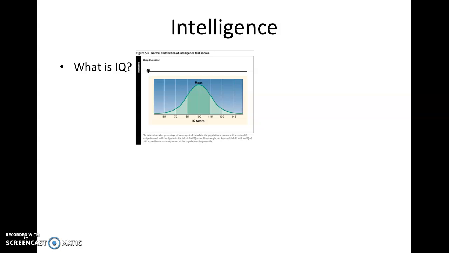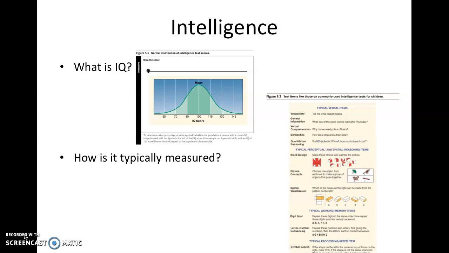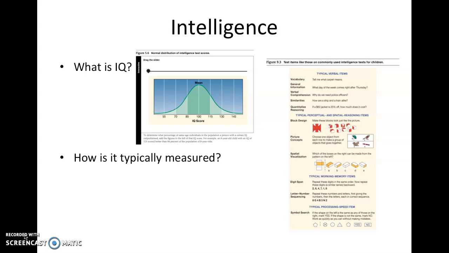As well as understanding the underlying idea of what IQ is, how do we measure it? Our book addresses this, talks about different ways that IQ has been looked at, including more of a classical approach. Things like the WISC or the Stanford-Binet are examples of very common IQ tests that are individually administered.